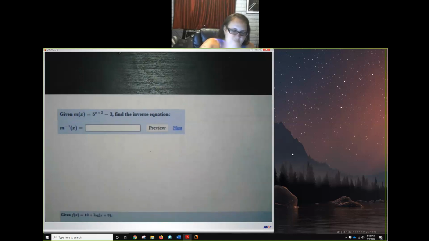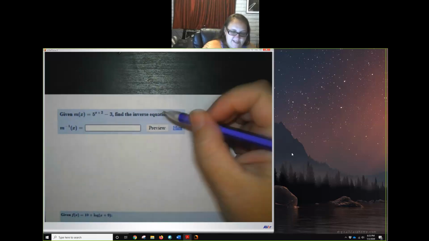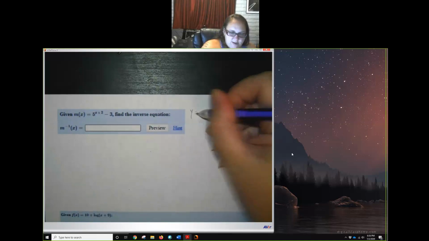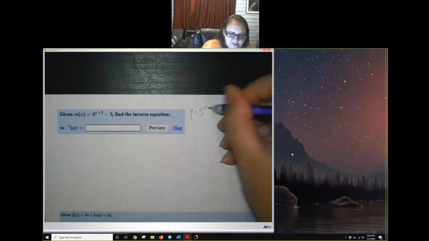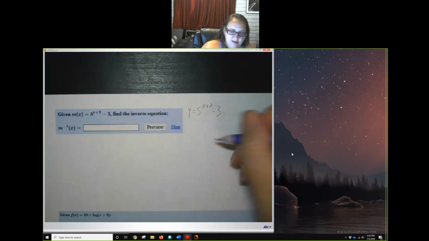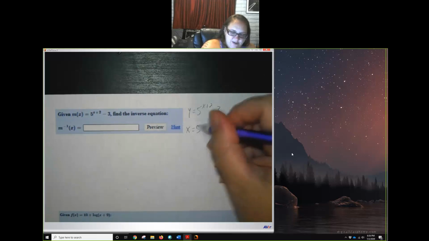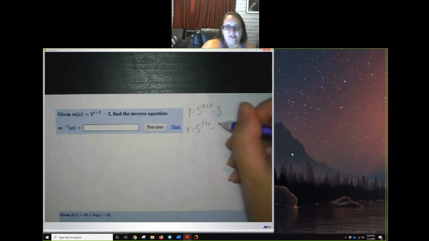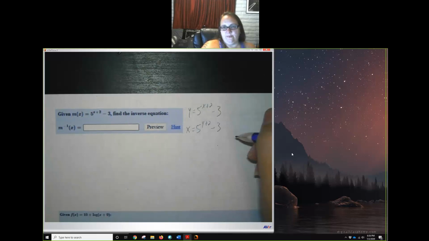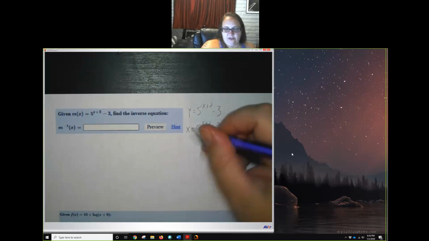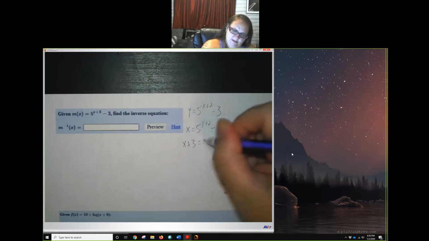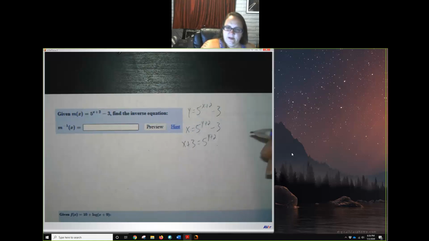So to find the inverse of this, we do the same steps as we did before. Make it y equals 5 to the x plus 2 minus 3. Change that to x equals 5 to the y plus 2 minus 3. Add the 3. Now, we're trying to solve for y, so I'm going to turn this into a logarithm.